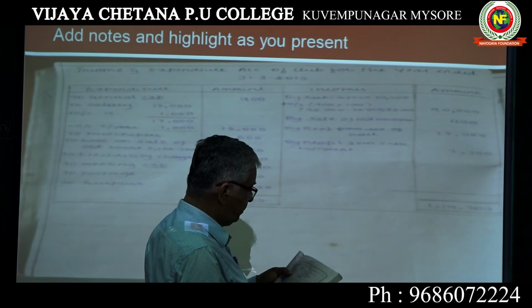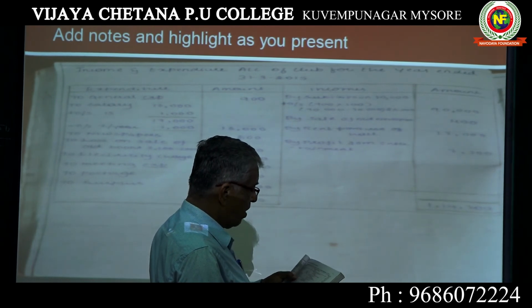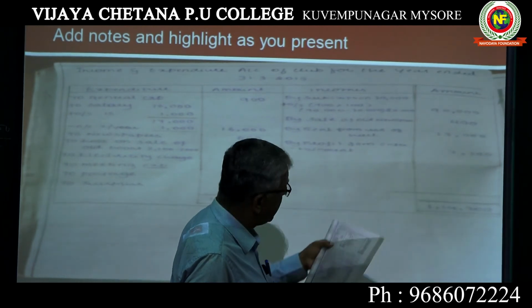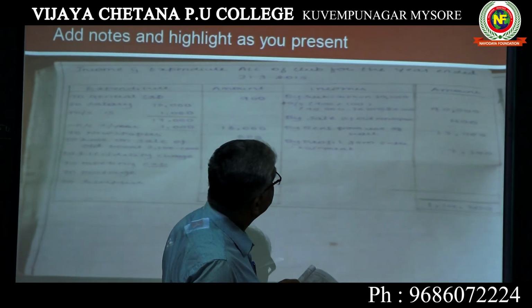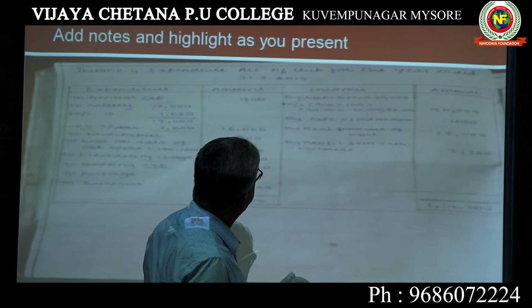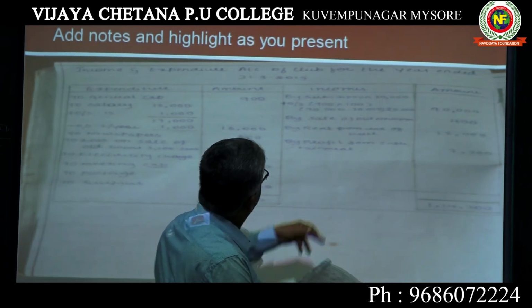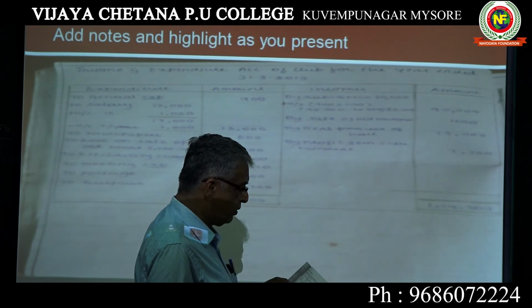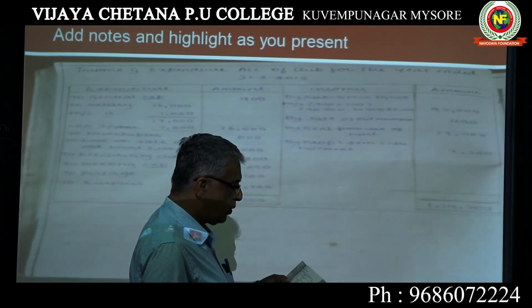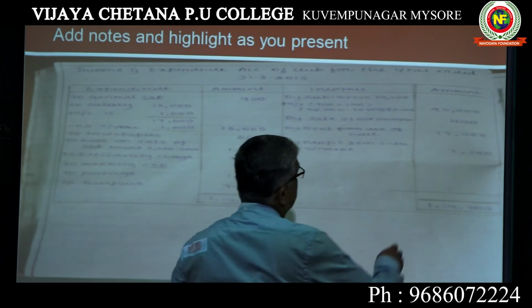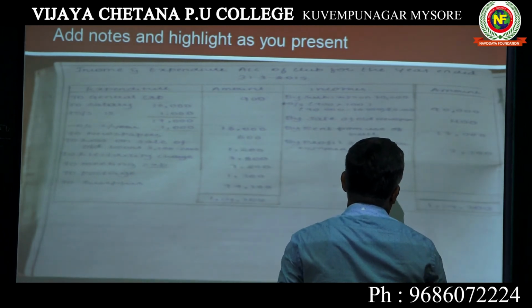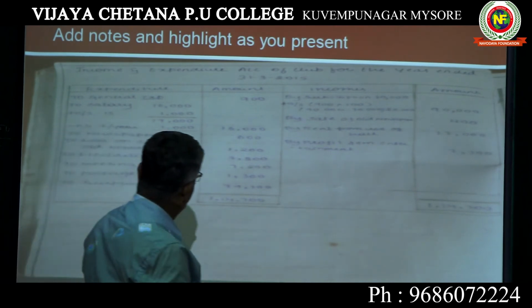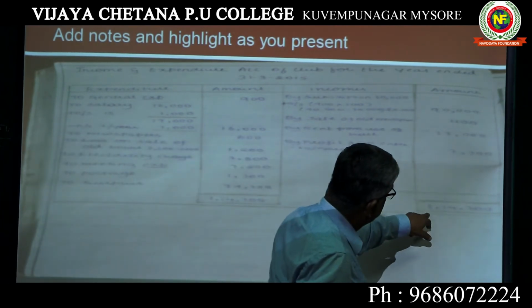And then profit from entertainment, he has given 7,300. And then rent for the use of hall, as you know, we have received rent from use of hall 70,000. So total is the amount we got.